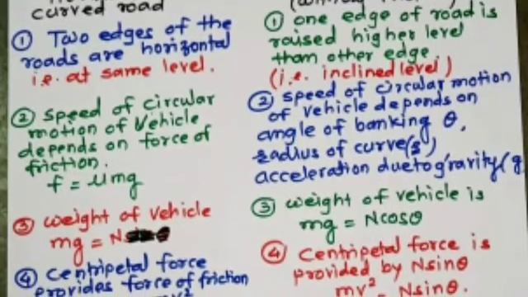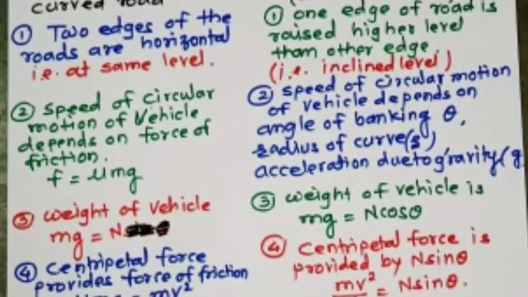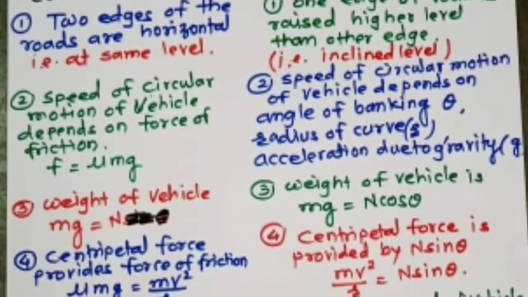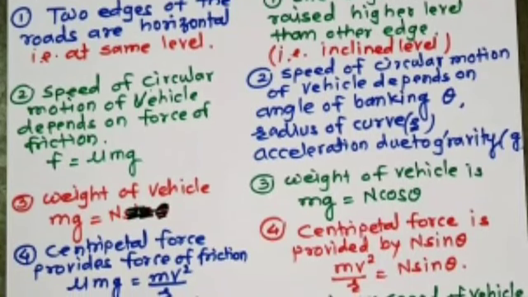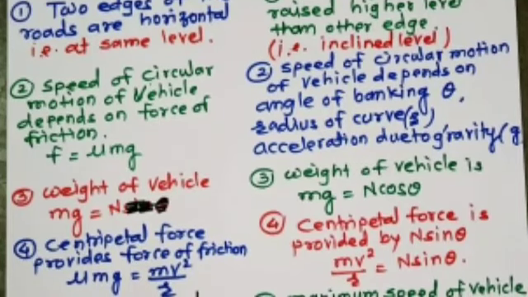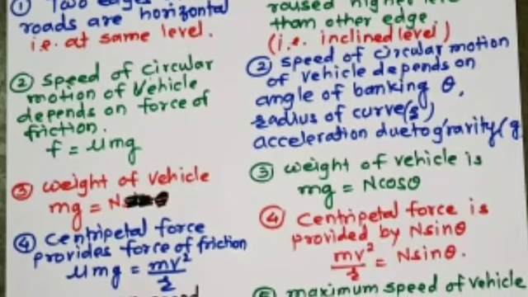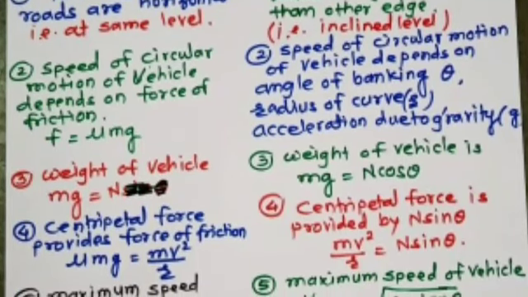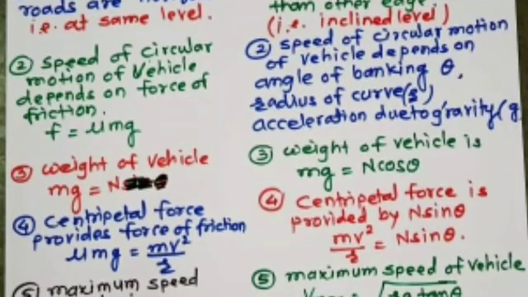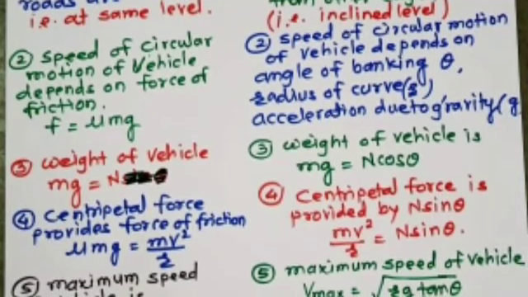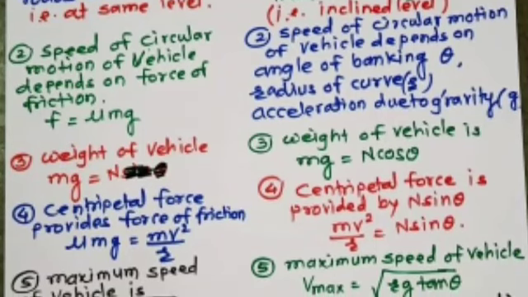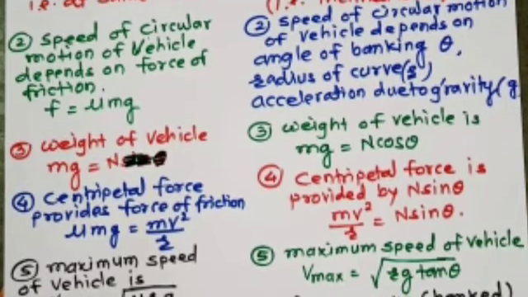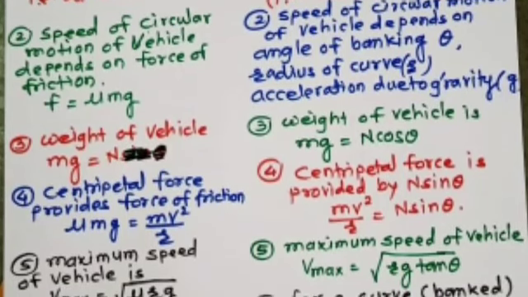Number two, the speed of circular motion depends on the force of friction, mu mg, whereas in the banked road it depends on angle theta, radius of curvature and acceleration due to gravity. Third point, the weight of the vehicle mg equals N in a horizontal curved road, whereas in a banked road mg is equal to N cos theta.